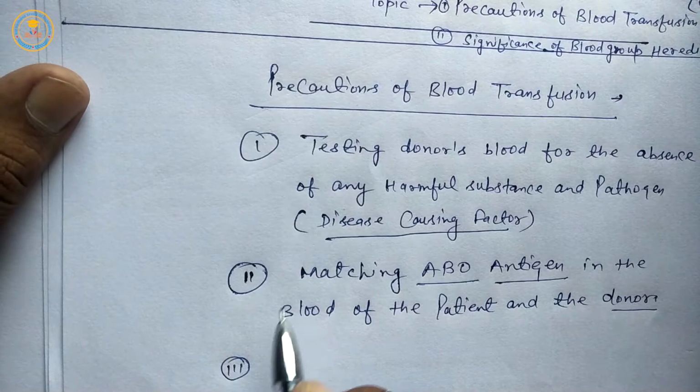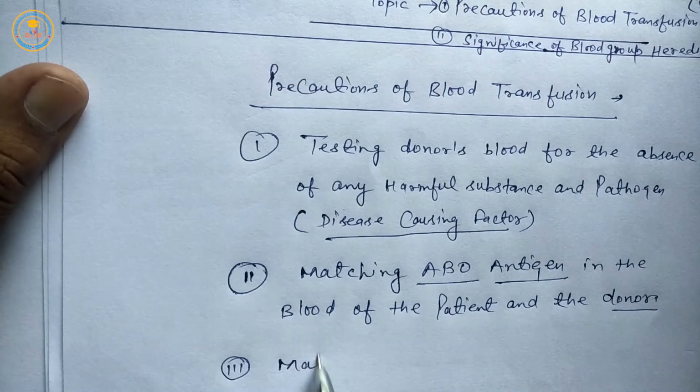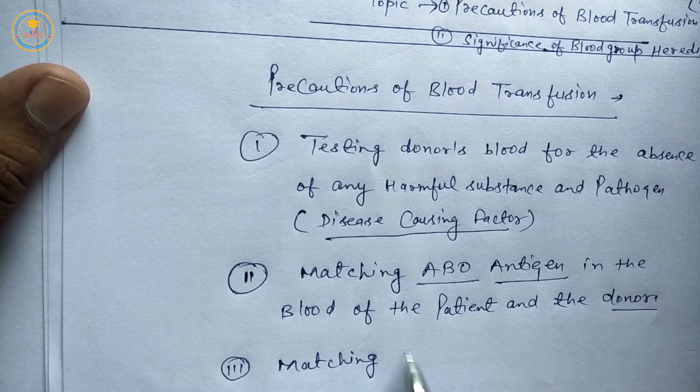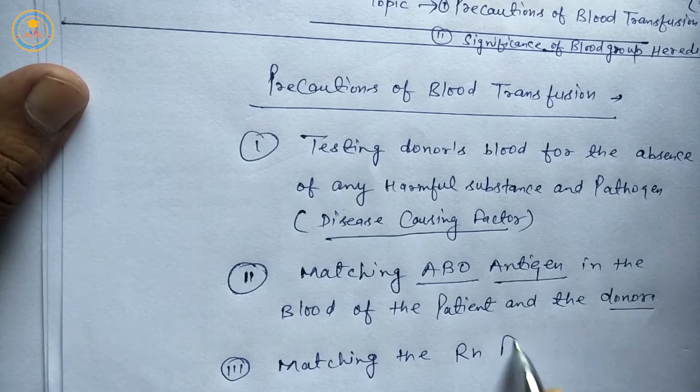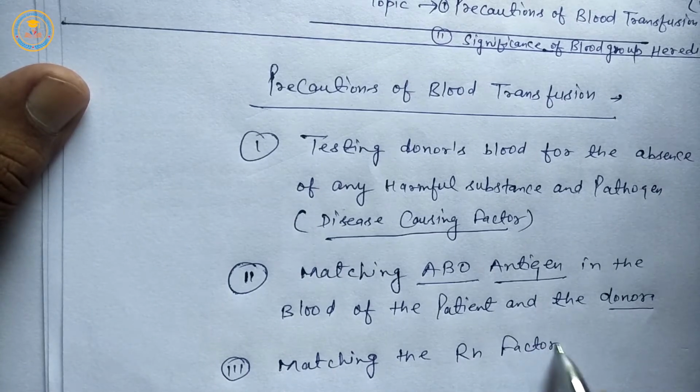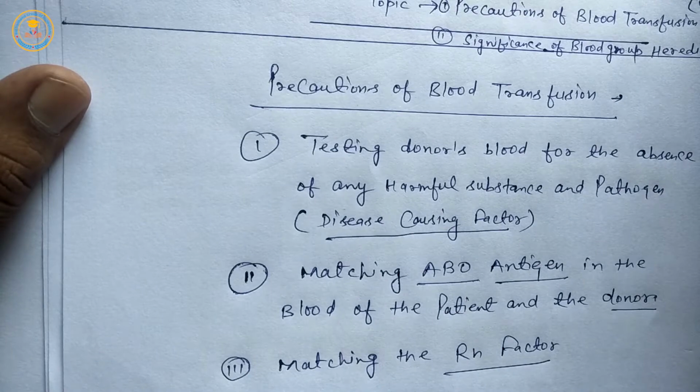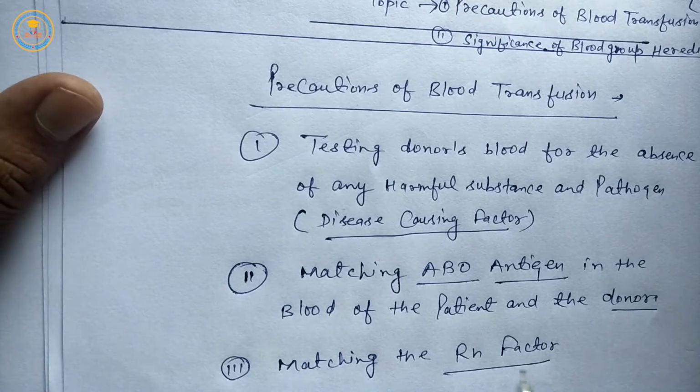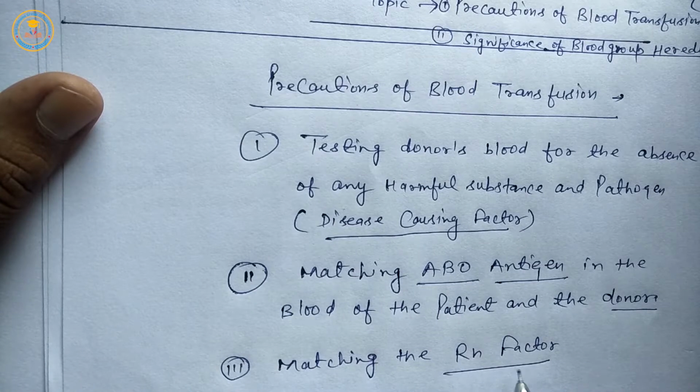Third is matching the RH factor. It means RH antigen. Students, remember, RH antigen or RH factor is situated on the RBC surface. It means red blood corpuscle surface.